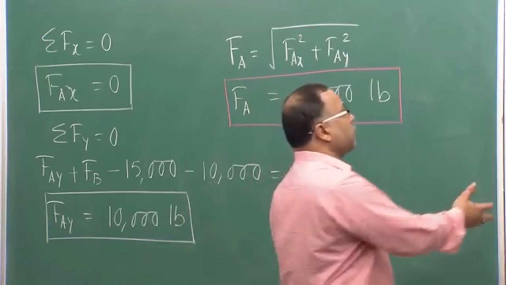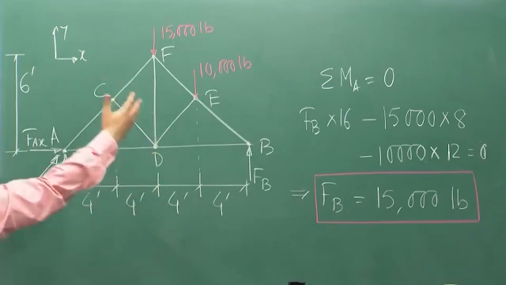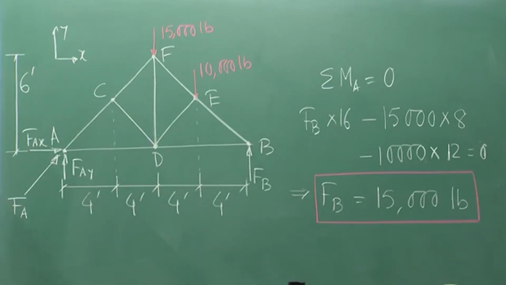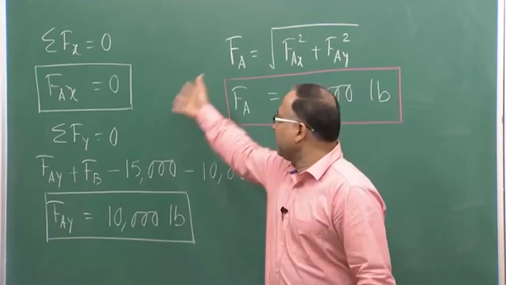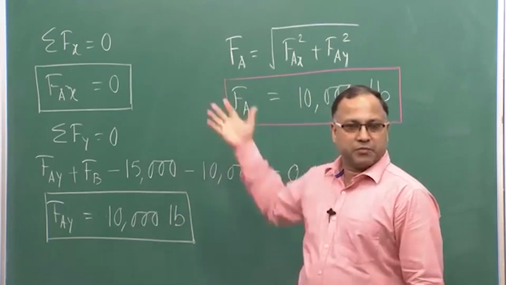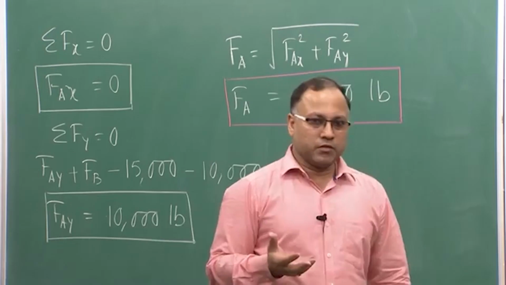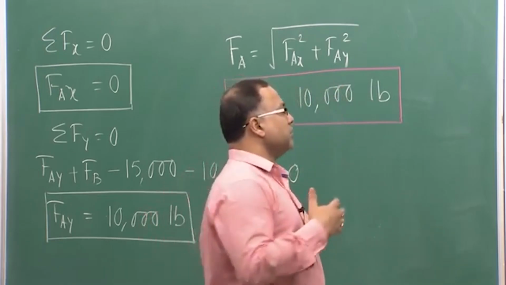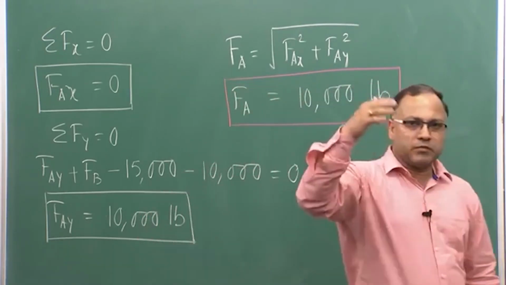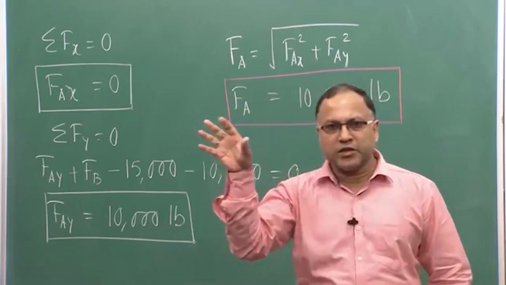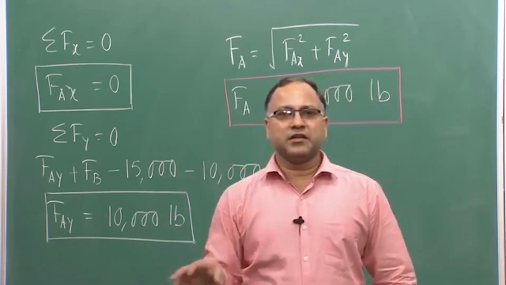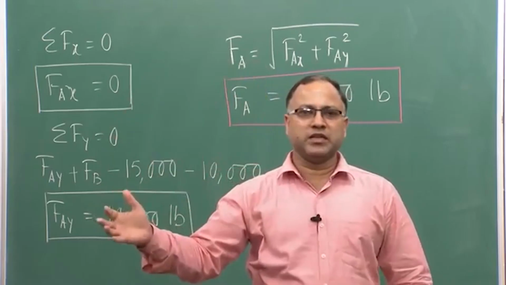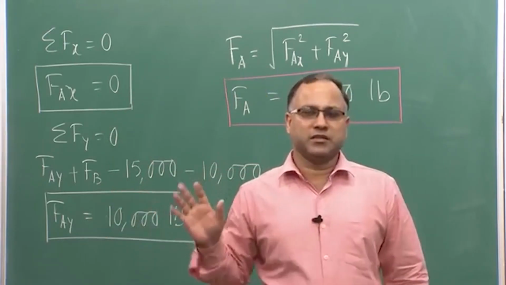So, I do not have the horizontal active force or action, therefore, I do not have horizontal reaction, that already we have proved here, right. Fax is simply coming 0. So, now onward by seeing the loading condition, we can consider that if the horizontal force is not there, then horizontal reaction is 0.